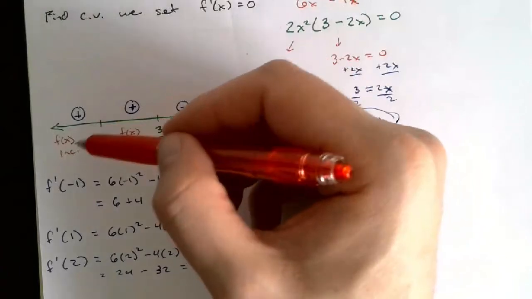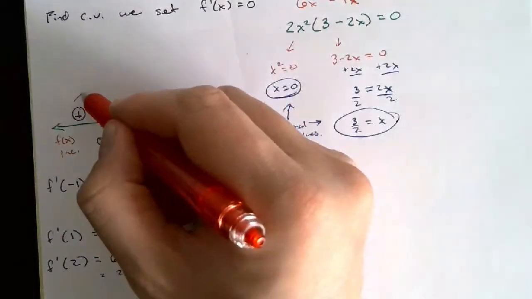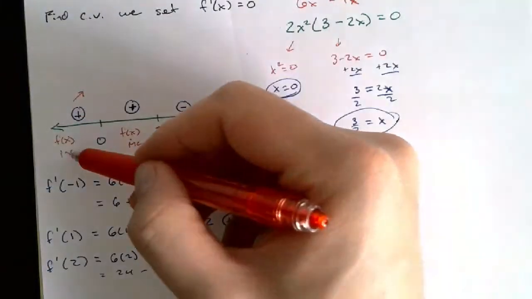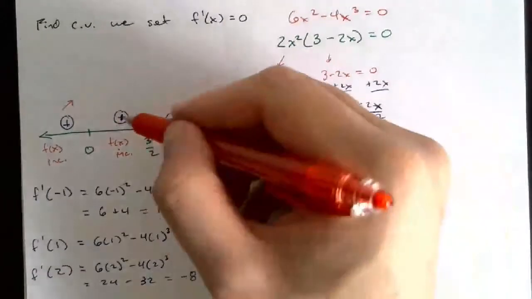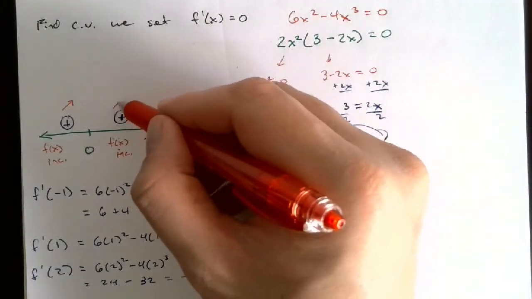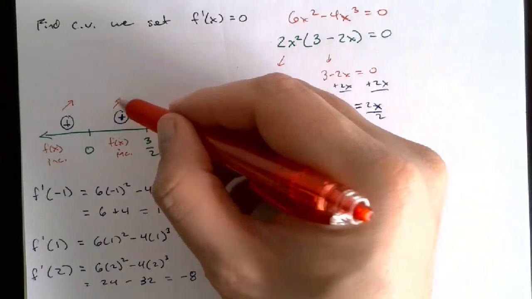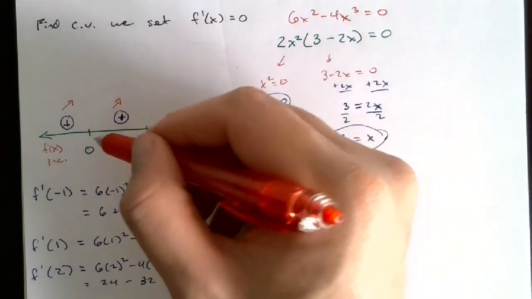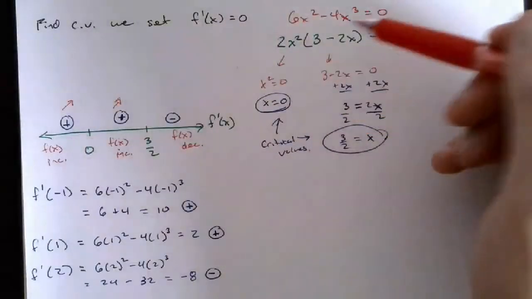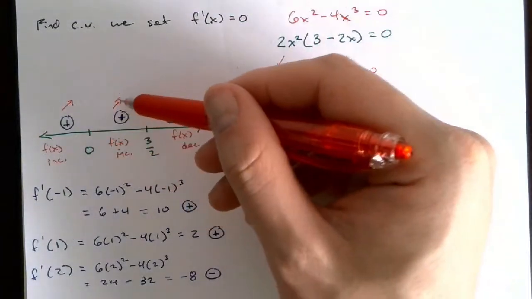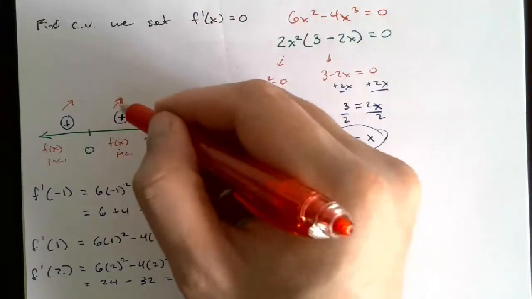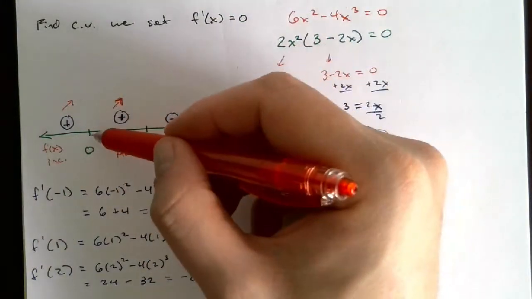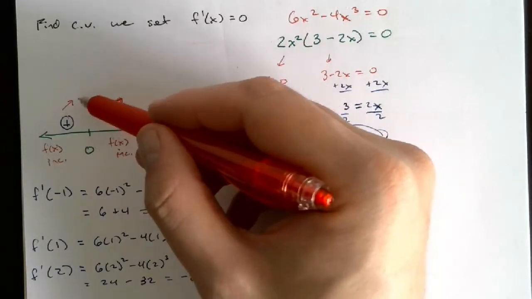So let's talk about what's happening. You know that f prime being positive tells you that f of x is going upward. And then here the slopes are positive, so it's going upward, and then after 0, it flattens at 0, because we know that f prime is 0 at 0. And then it goes upward again. So at x equals 0, we don't have a max or a min, because it's going up, and then it's still going up.